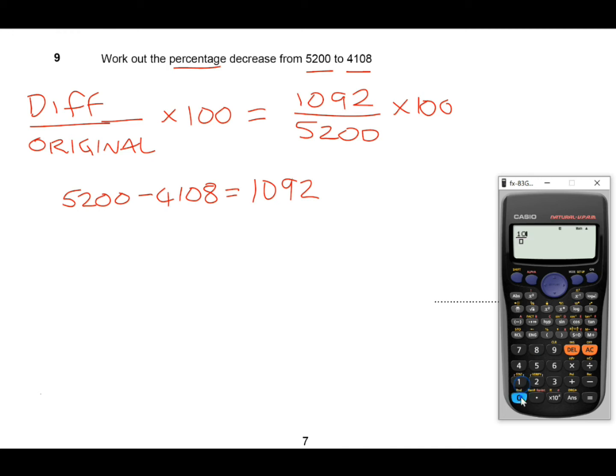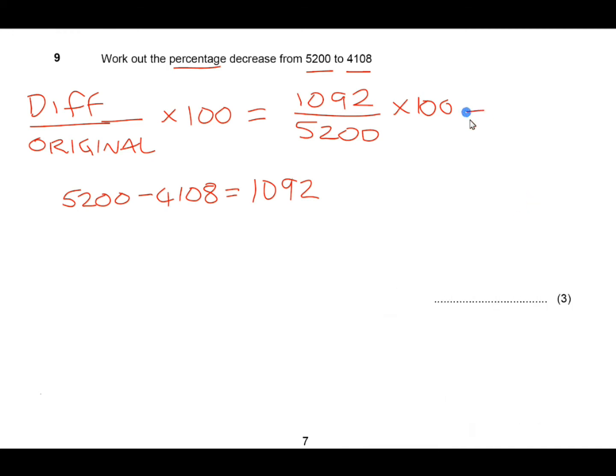So 1,092, down for the denominator of 5,200, move it to the right, multiplied by, and then 100%. Press equals, and we end up with 21%. So our answer on the answer line for 3 marks, 21%.